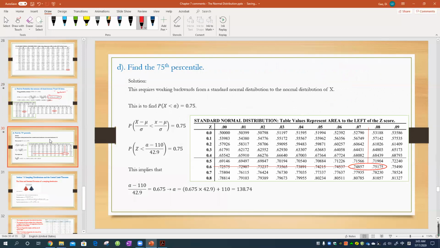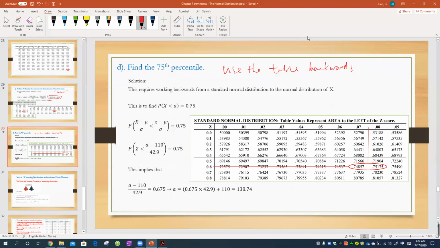And then the last type of question, the fourth type, always find the 75th percentile, use the table backwards. And then we have probability of x smaller than some number equals 0.75. That is the 75th percentile.